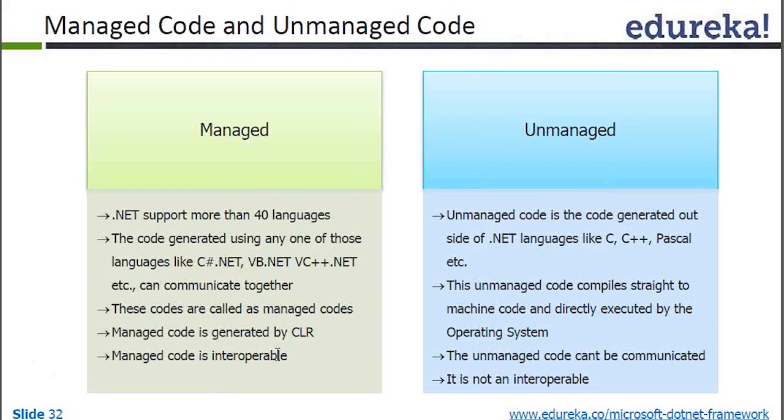Any language which is not supported by .NET is called unmanaged code. Unmanaged code cannot communicate with .NET, whereas managed code can. For example, I can't use C for writing a .NET application; that is called unmanaged code.